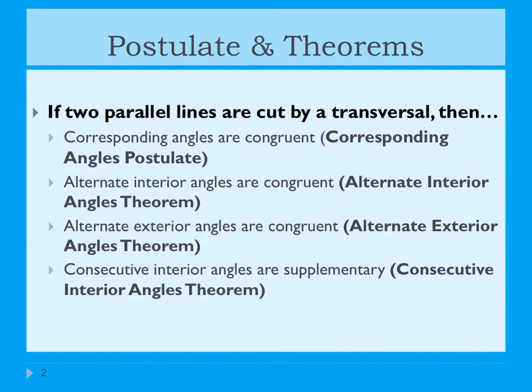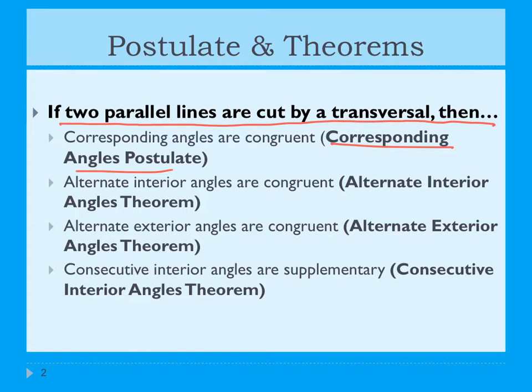So they're all going to begin with the bold up at the top, that if two parallel lines are cut by a transversal, then, and then you'll say each statement, then corresponding angles are congruent, and that is your corresponding angles postulate. Then the second one begins the same way.